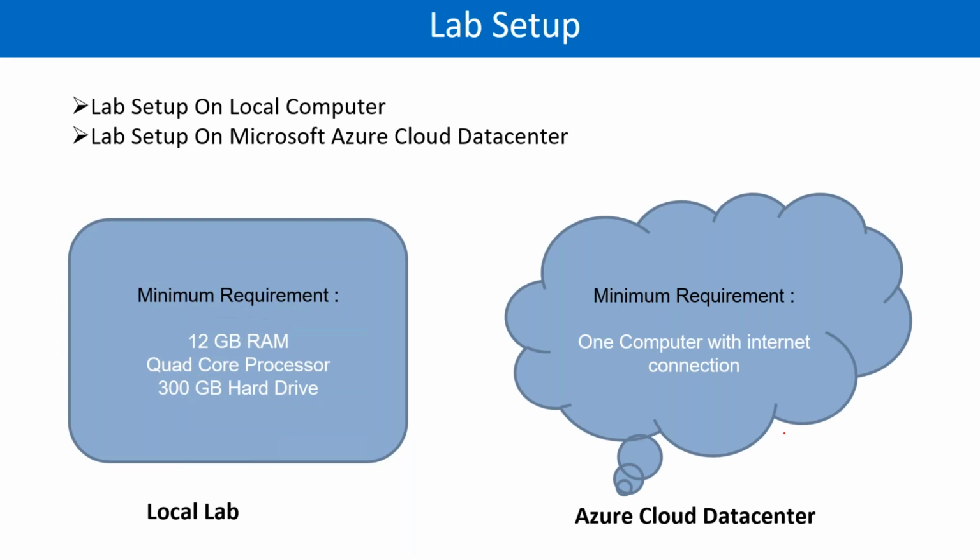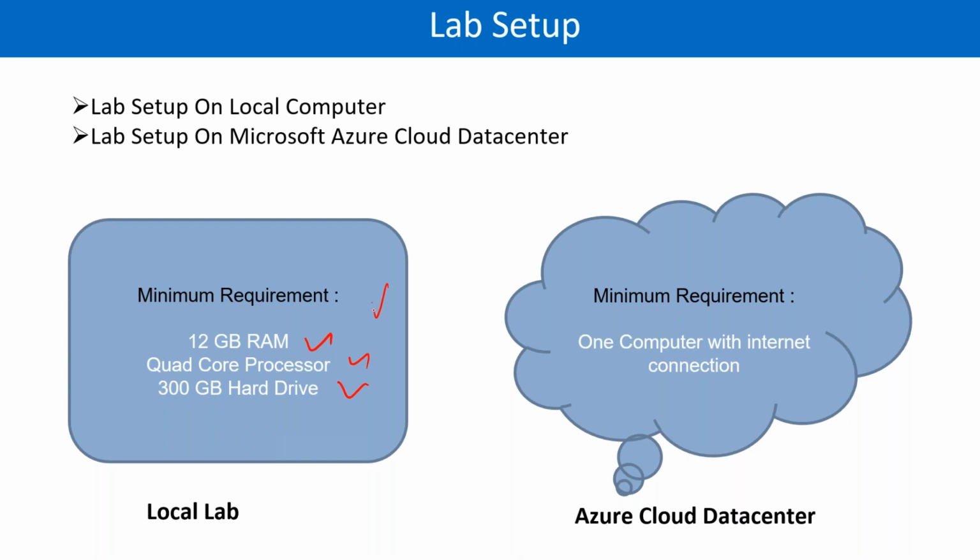Then we will do the lab setup. Each one of you needs to create your lab. Either you do it on your local computer, or you can create it on a Microsoft Azure Cloud data center. For local lab setup, you need to have a minimum of 12 GB of RAM, a quad-core processor, and 300 GB of hard drive.